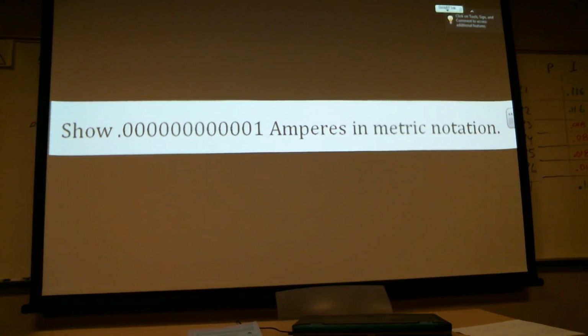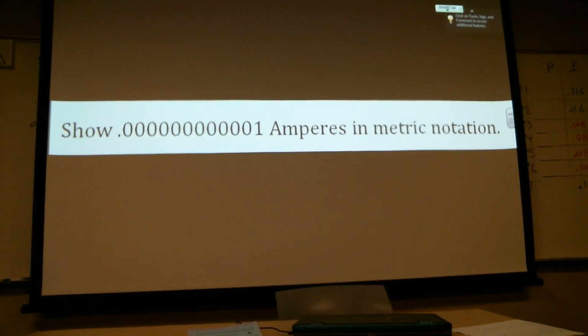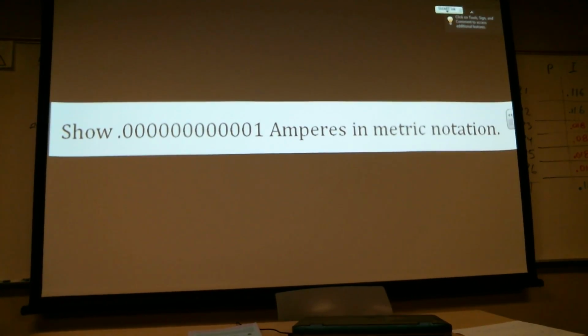Show that number in metric notation: 0.000000000001. Again, the key word is metric, so I wanna see pico, giga, something, centi, milli. How many zeros are up there? I don't know. 11 zeros. 12. Study it. I can't guarantee that's the number of zeros on the test, or that there's even gonna be a one in there.